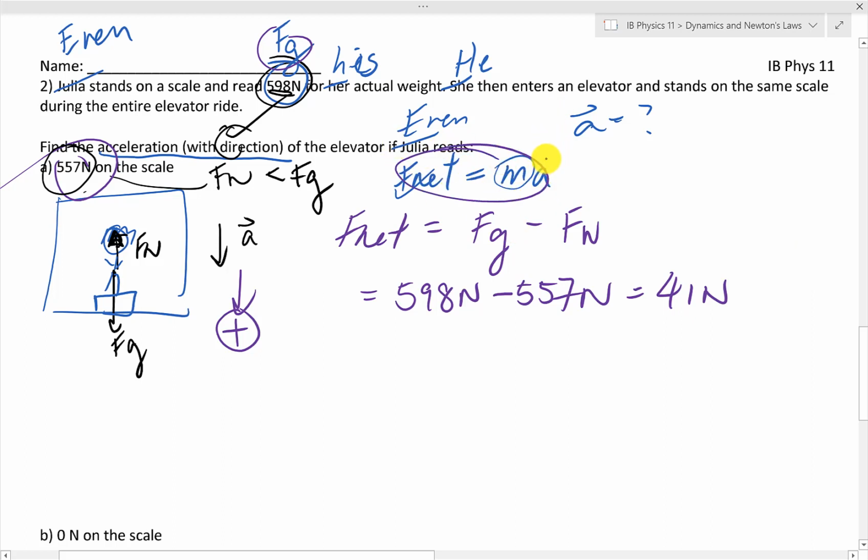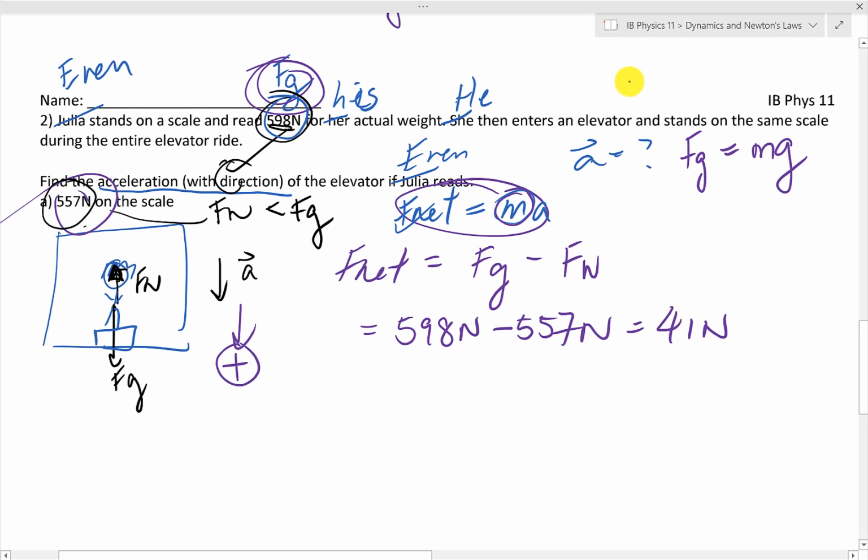But to find a, we need to know the mass of Eren. The mass of Eren isn't given in the question, so how should we find that? If you are thinking of finding it from Fg, his actual weight, you are correct. So let's do that here in this little corner, where we know Fg is equal to the mass times gravity, in which we assume gravity is going to be down on Earth, 9.81.